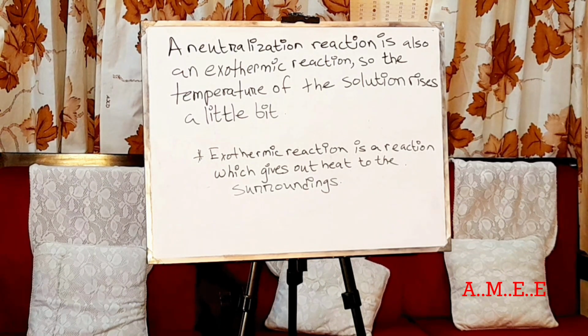There is an absence of heat in the ice, so it is absorbing heat, and there is a presence of heat in the normal room temperature water. That is why it is releasing heat. So one is exothermic reaction, another one is endothermic reaction. That was not our chapter here, but still I explained it for those who didn't know what an exothermic or endothermic reaction is.